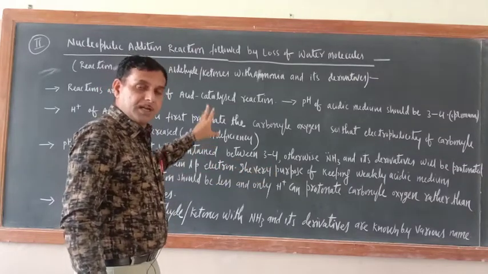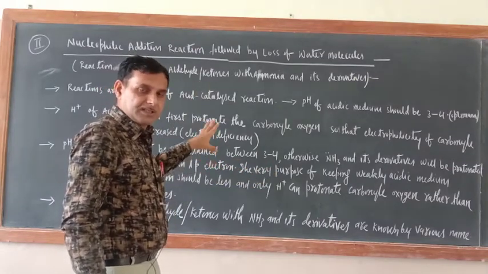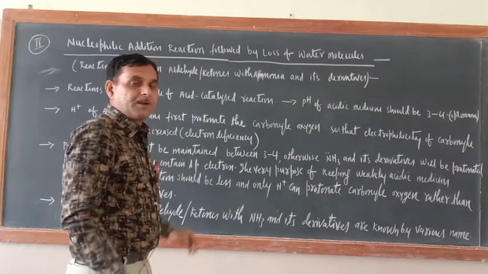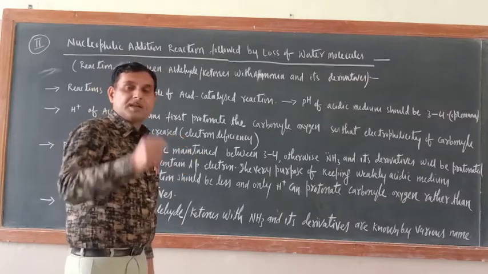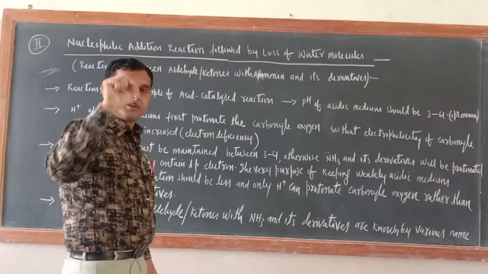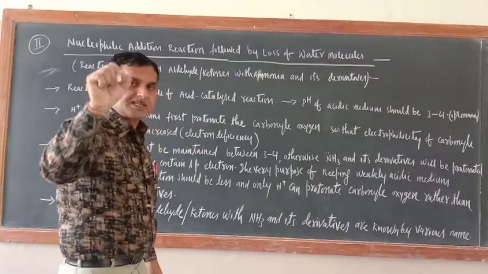So in all this category of reaction, meaning ammonia and its derivatives reacting with aldehydes and ketones, we will follow the second mechanism, the one for when the nucleophile is weak.